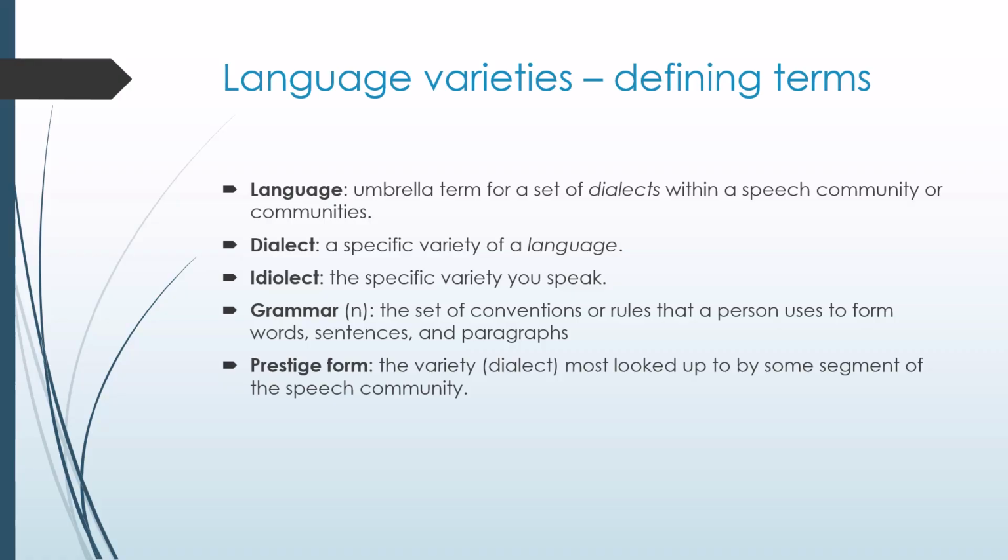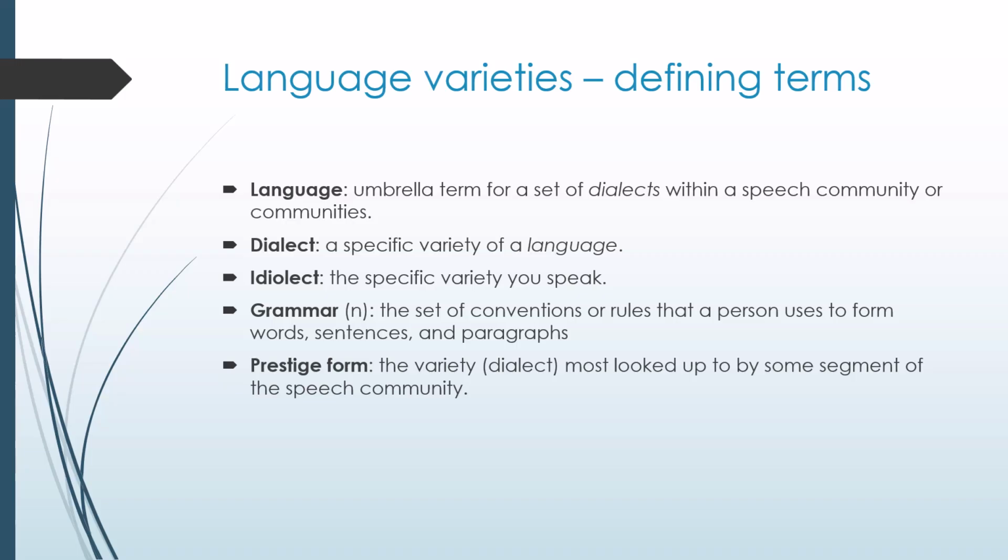Right. A prestige form is the one that everybody looks up to, right? That's the one, for instance, that when you go to college, you need to use a particular prestige form. You need to use an academic variety of English, not necessarily because it's better English per se, but because that's the language that the people in that community use, right? If you're going to be an anchor person on TV, you have to talk a certain way, and that's the prestige form.